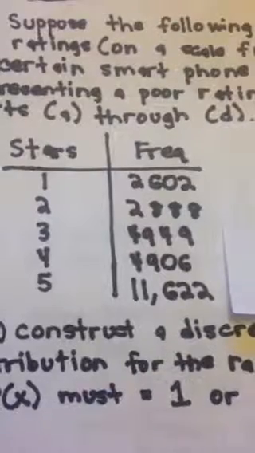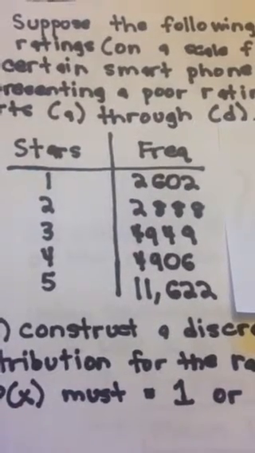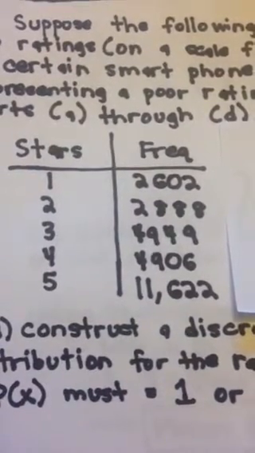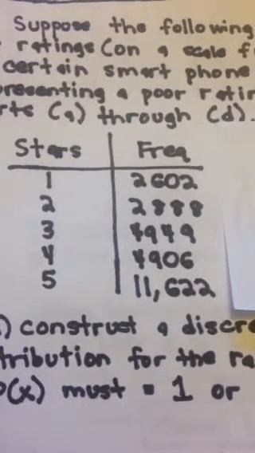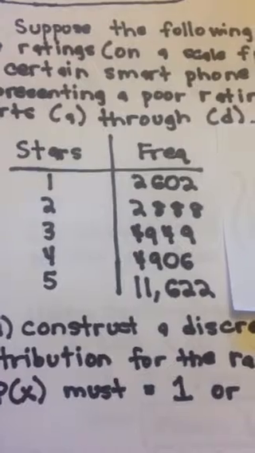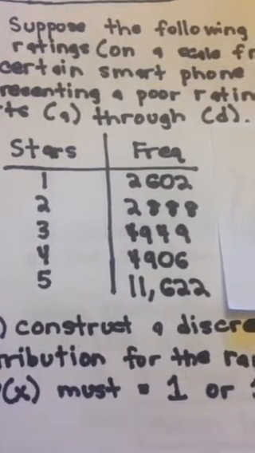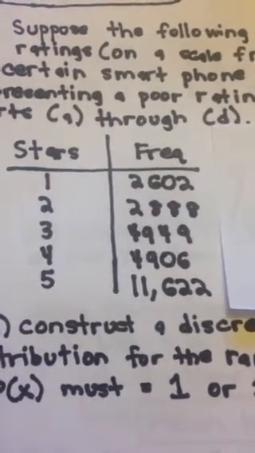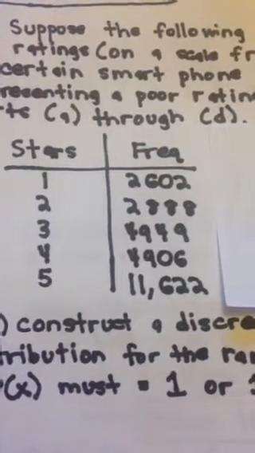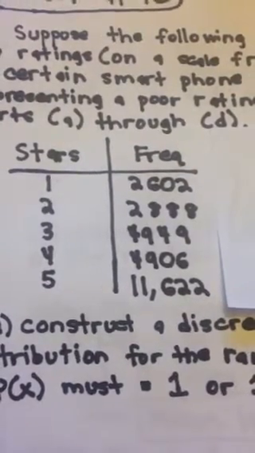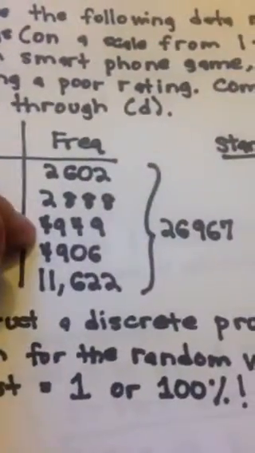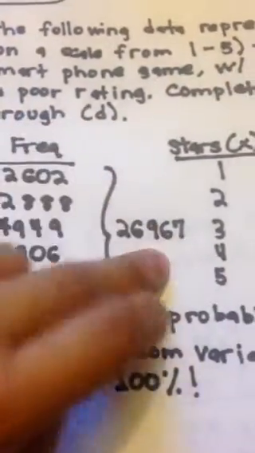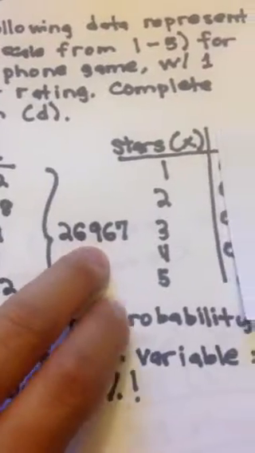The chart lets us know the ratings, which are represented through stars, and their frequency, starting with 1, 2602, 2, 2888, 3, 4949, 4, 4906, and 5, 11622. To find the probabilities of each star, we're going to look at the frequencies and divide that by the total, which is 26,967.